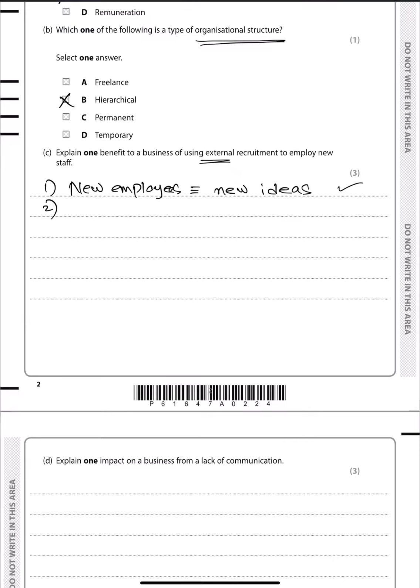So because of the new employees and new ideas, workforce will be more productive and efficient. Now we are going to talk about how the workforce being more productive and efficient will in turn benefit the business.